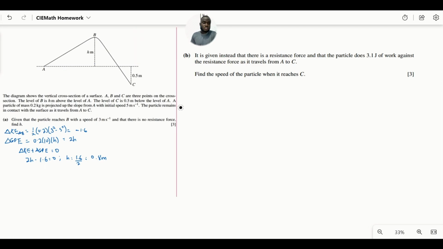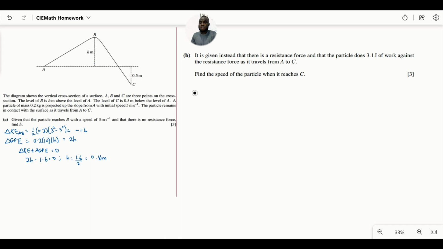Now, the second part of this question indicates that there's actually a resistive force in the motion from A to B, and the work done against this resistive force is 3.1 joules, and we want to use this new information to calculate what the speed would be as the particle reaches C. You can use any two of the 3 points to calculate the changes in energy and analyze the speed at C. However, we have a lot of information about A, and we are trying to figure out what's happening at C, so it will be a good idea to calculate the change in energies between A and C and move on with that.